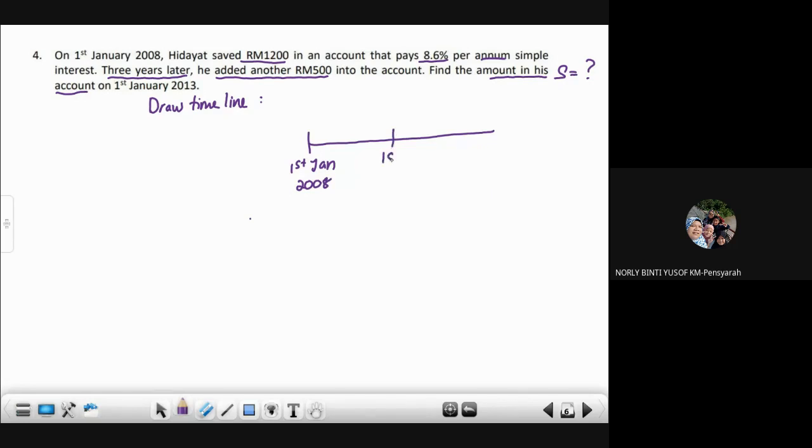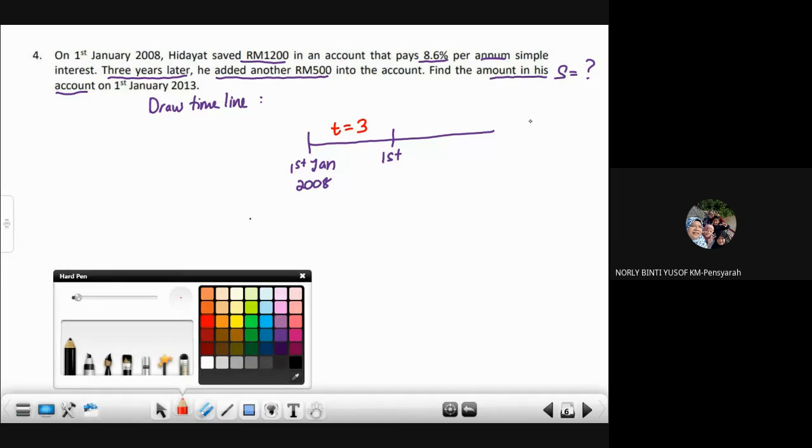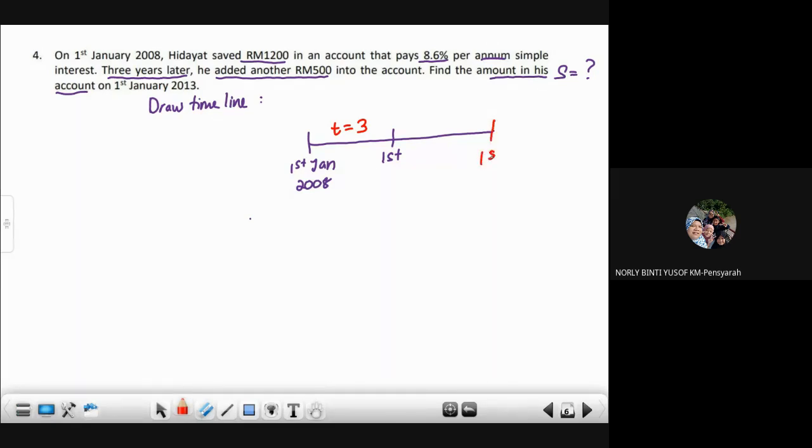And then 1st January 3 years later, that means 2008, 2009. Kalau you nak ambil lah kat sini kan, that means your T is 3 years. T is 3 years. After 3 years. Lepas kat sini, 1st January 2013.